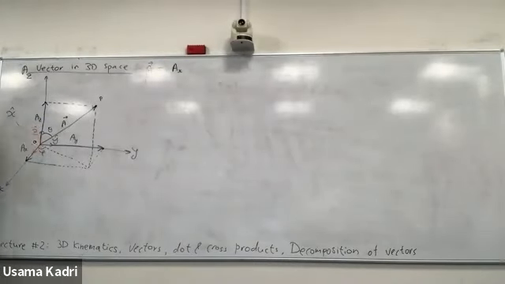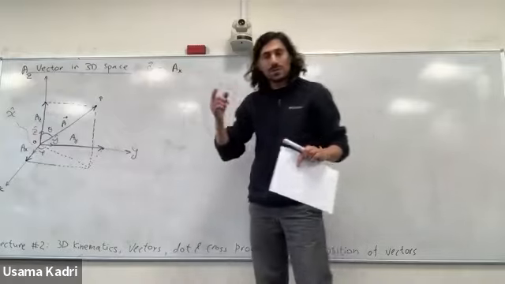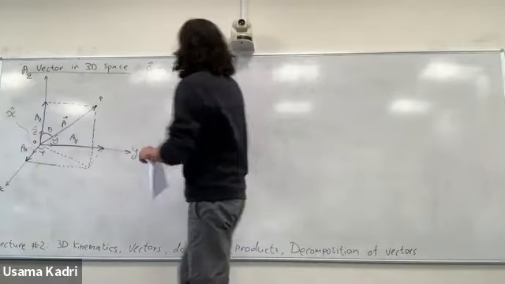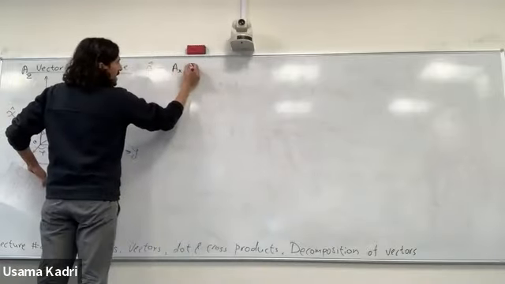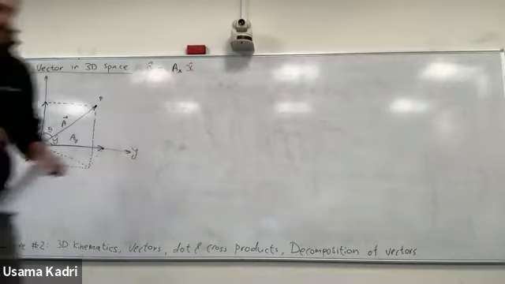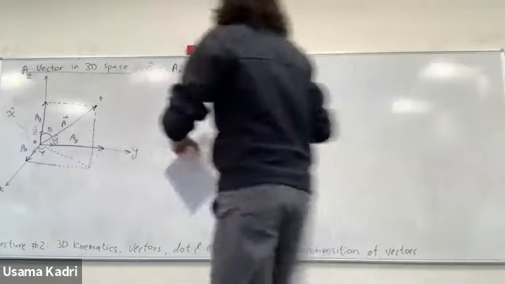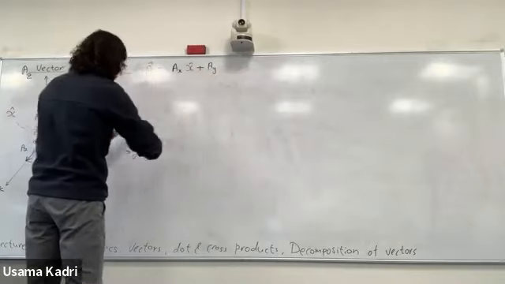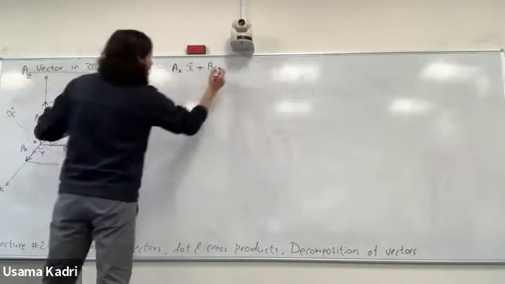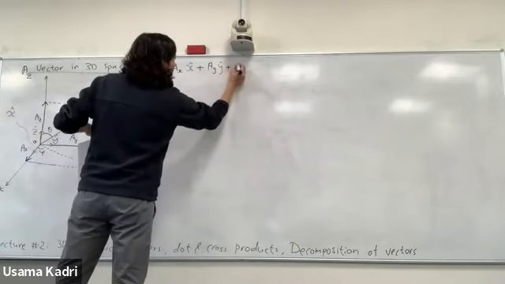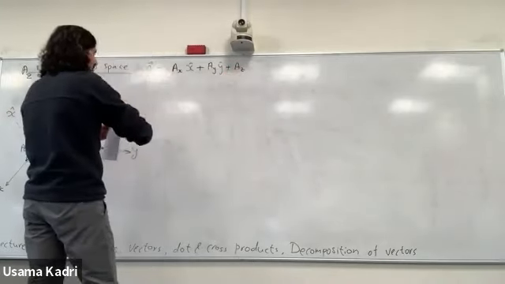So I have x, y, and z. The unit vector is always, x direction is always in the x direction. So I can write AX in the x direction, plus AY in the y direction, plus AZ in the z direction.